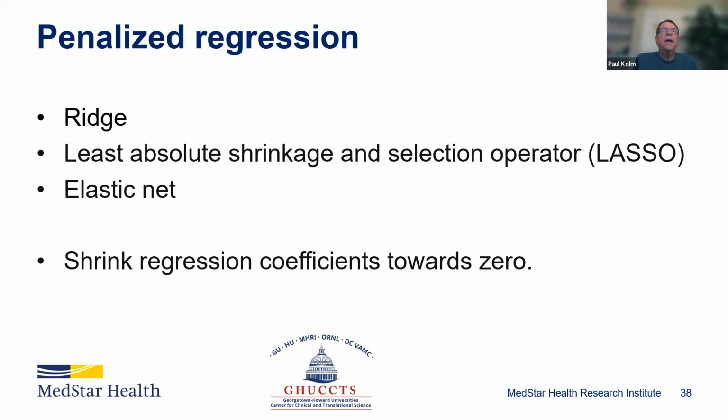Essentially, what penalized regression does is shrink regression coefficients towards 0. So instead of making a decision based on p-values, you introduce a penalty that reduces the size of the regression coefficients towards 0.